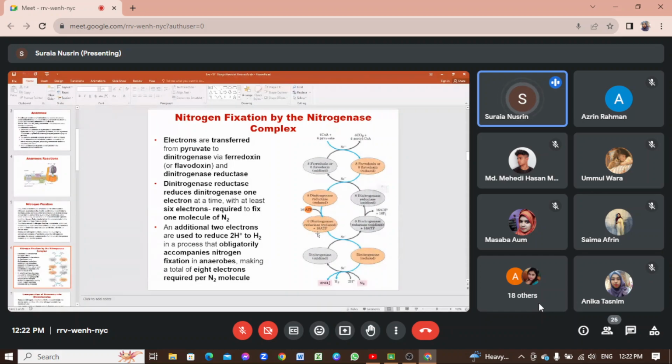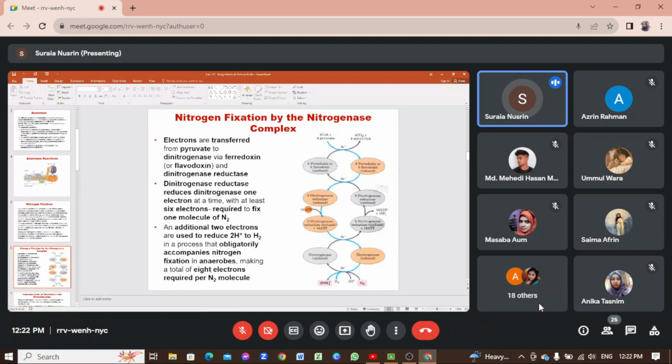Now it is activated, meaning it is able to transfer the electrons to the other component of the complex, the dinitrogenase. This dinitrogenase reductase can reduce the dinitrogenase by one electron at a time.